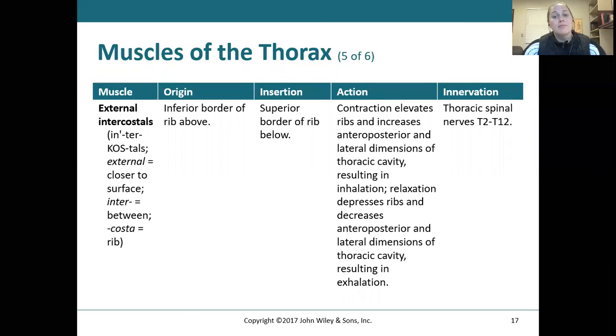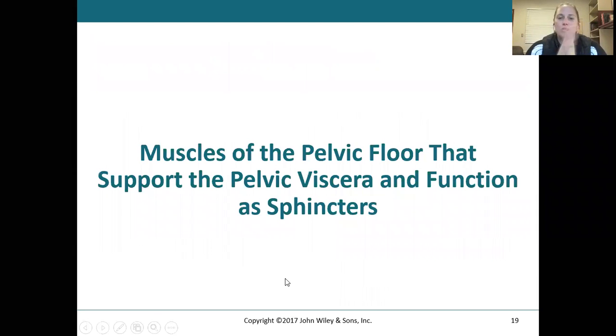That's a fun way of saying that. Inhalation expands your chest, and relaxation depresses the ribs and decreases the lateral dimensions of the thoracic cavity, resulting in exhalation. So again, these are other muscles that are very important for inhalation and exhalation. External intercostals are going to be on the outside of the ribs. Thoracic spinal nerves T2 through T12 are going to be the innervations.